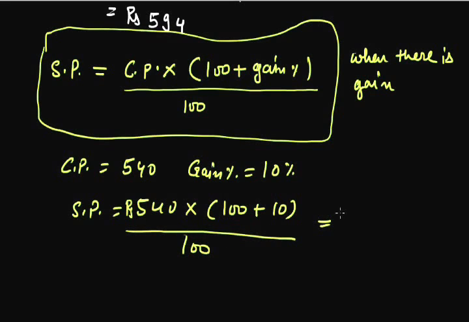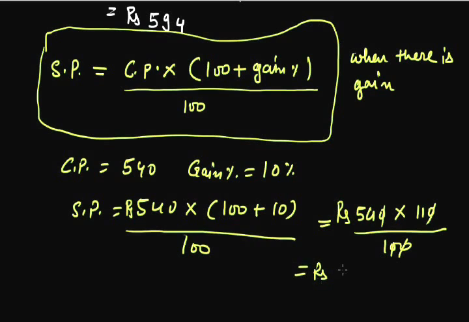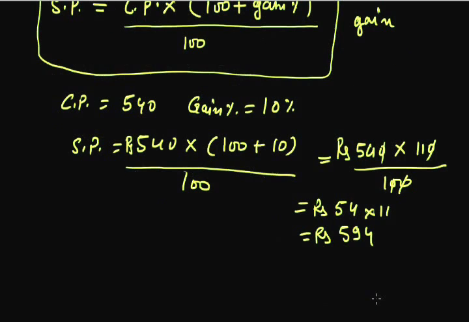Now it will be equal to rupees 540 into 110 whole upon 100. Two zeros will get cancelled and we will have rupees 54 into 11, and it will be equal to rupees 594. So you can use this formula also to calculate the selling price.